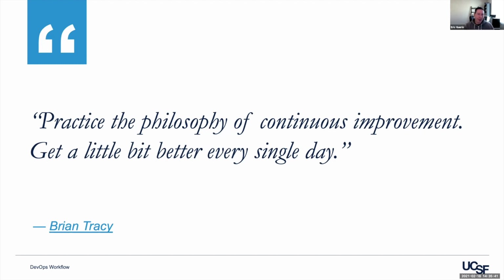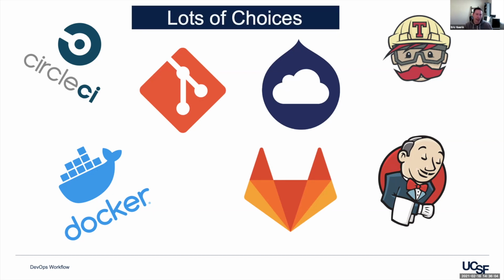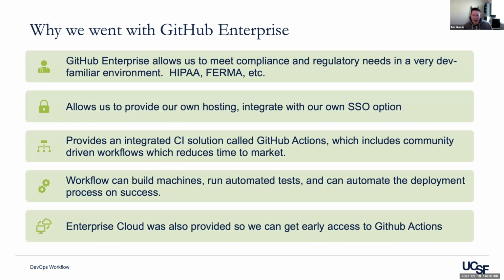When we started this whole process, we had a lot of questions about different platforms, like should we use Circle CI? Should we use Jenkins? Should we use Tugboat? Should we use Acquia's own solution? And so we went through an evaluation process, and that evaluation process led us to decide on GitHub Enterprise.